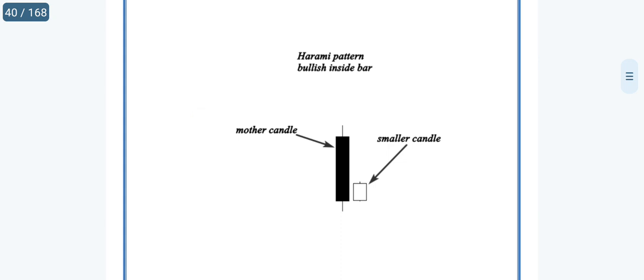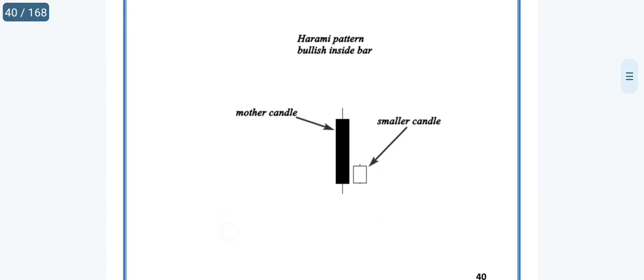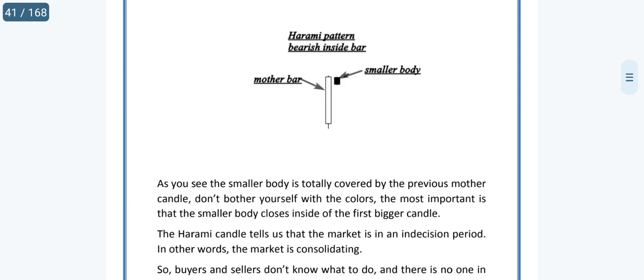In the first illustration, we are seeing that the smaller body is showing up in the downtrend. And in the second illustration, we are seeing that the smaller body, what we call the baby, is showing up in the uptrend.